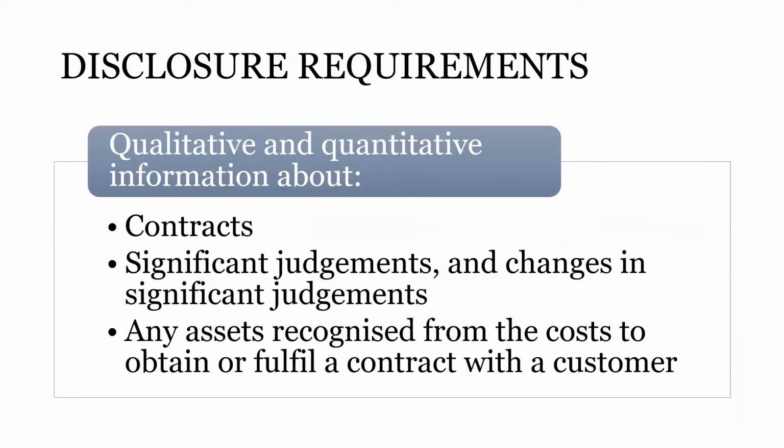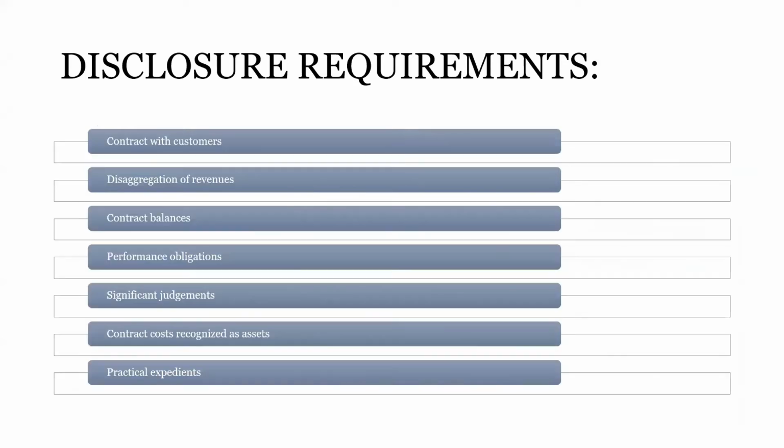The disclosure requirements are as follows. Yung qualitative and quantitative information about the contract, yung significant judgments and changes in significant judgments, and any assets recognized from the cost to obtain or fulfill a contract with the customer. Yung contract with the customers, PFRS 15 requires revenue and impairment losses arising from contracts with customers to be disclosed separately from items not arising from contracts with customers.